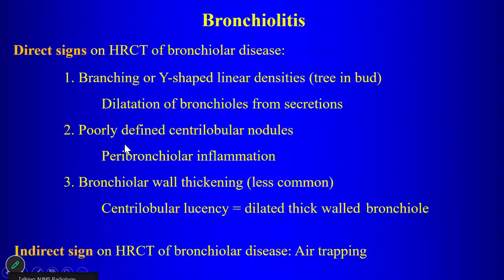We can have poorly defined central lobular nodules on CT, and that occurs because of inflammation around the bronchioles. And then bronchial wall thickening, this is less common. You might see a central lobular lucency if the bronchial wall itself is thickened enough from disease that it shows up, but that's pretty rare. We usually don't see that.